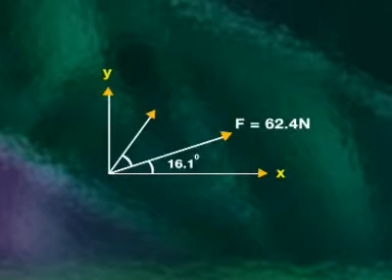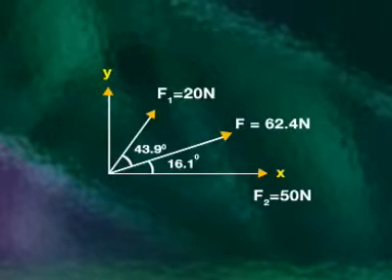Since F makes an angle of 16.1 degrees with the x-axis and F2 equals 50 newtons has been placed along the x-axis, it follows that the resultant F equals 62.4 newtons and makes an angle of 16.1 degrees with the 50 Newton force, or 43.9 degrees with the 20 Newton force.